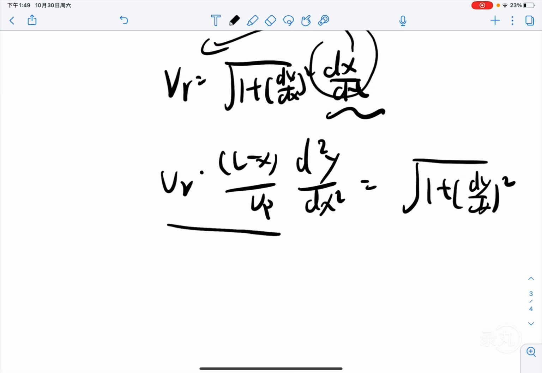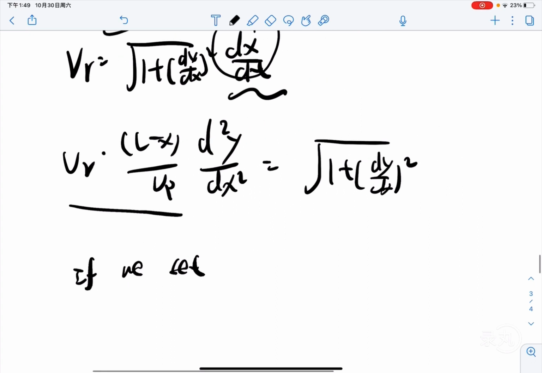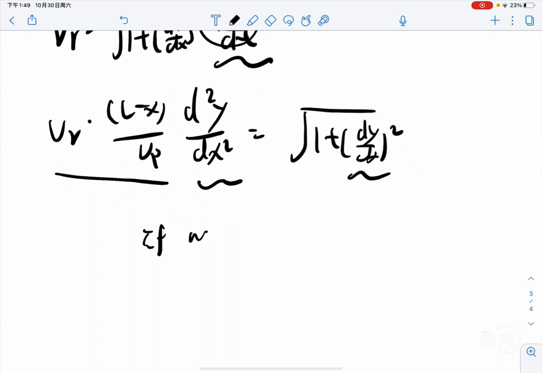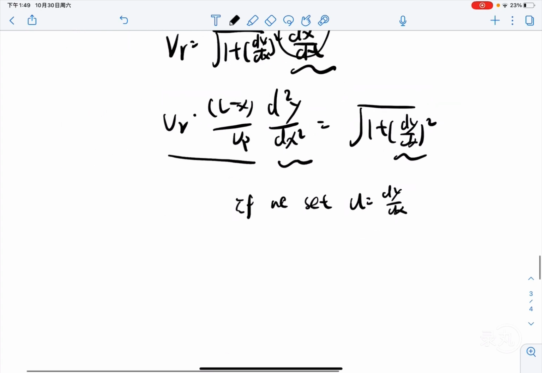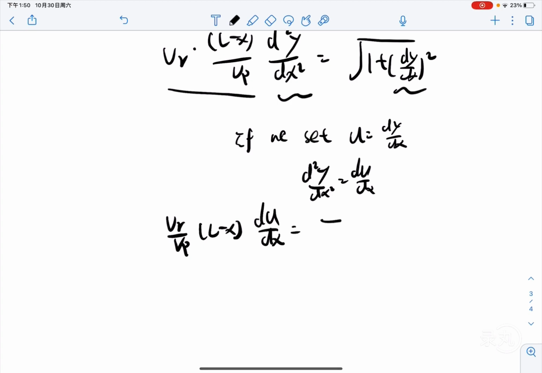So now, if we set u equal to dy/dx, this is basically du/dx, and this term can be simplified: Vr over Vp times (L minus x) du/dx is equal to this.